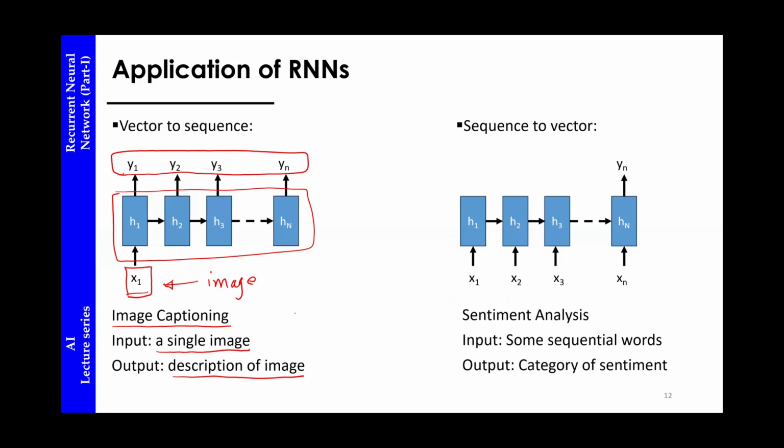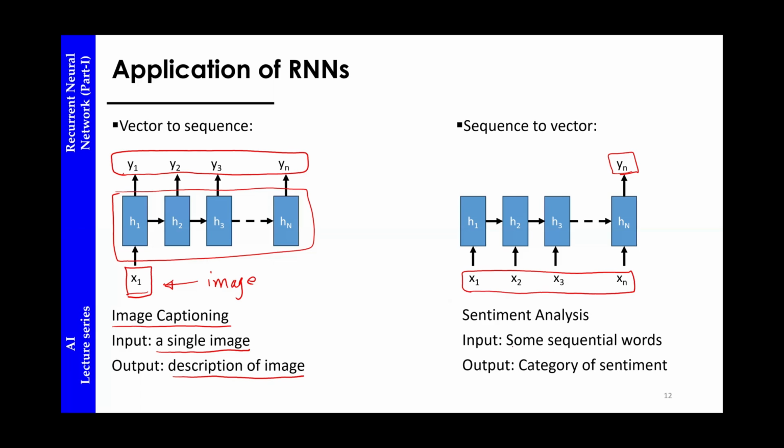The other example could be the reverse. It could be completely different from the first example. We can have sequential data as an input, a vector introduced to the RNN, and we get one single output from it. An example of using this configuration is sentiment analysis.